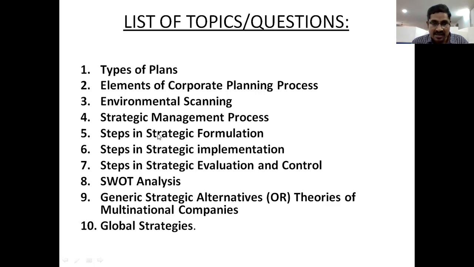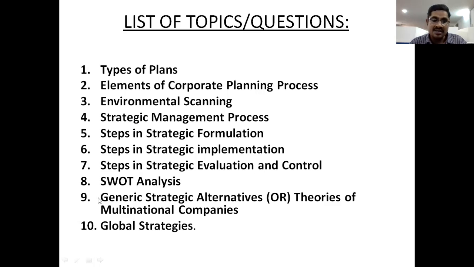So these are different questions or topics in our unit, and these are the different stages in this strategic management process, right? Strategic formulation, strategic implementation, strategic evaluation and control. The next topic is SWOT analysis: strength, weakness, opportunity, threat analysis.